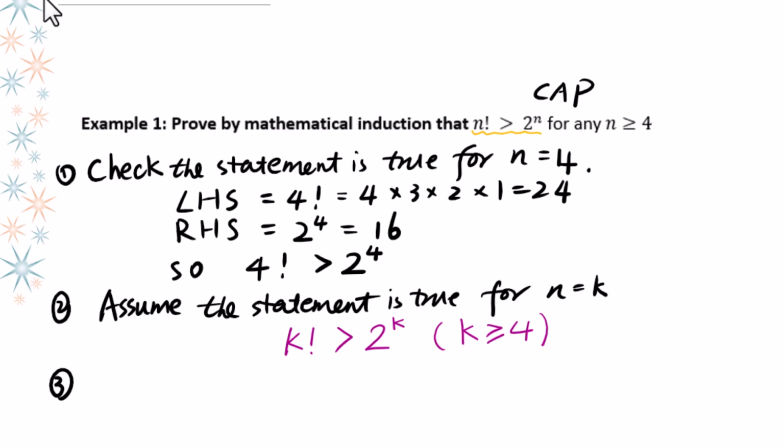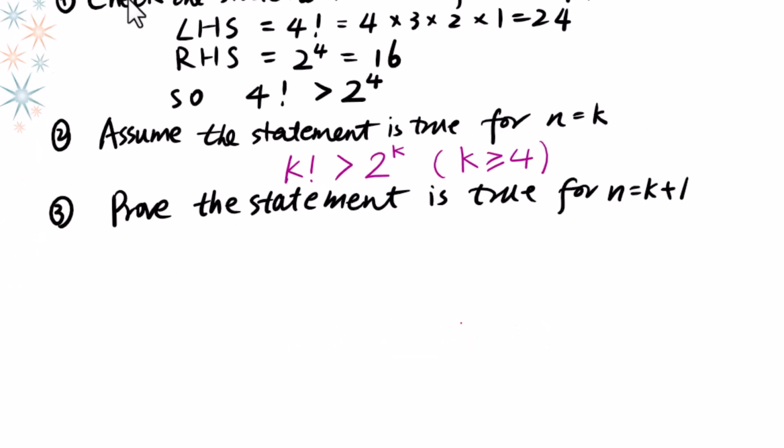The third step, prove the statement is true for n equals k plus 1. We will change every single k in step 2 into k plus 1. k plus 1 factorial is greater than 2 to the k plus 1th power. We need to prove this statement based on the assumption.